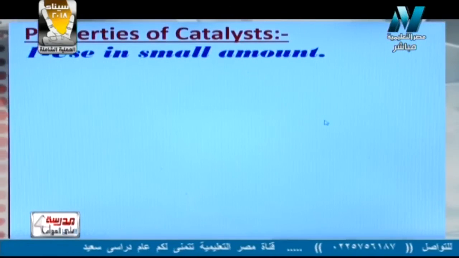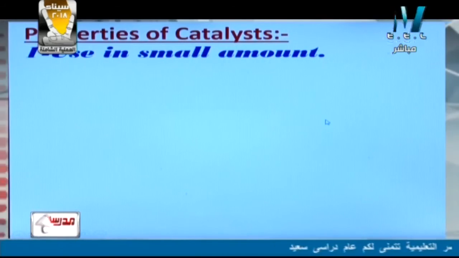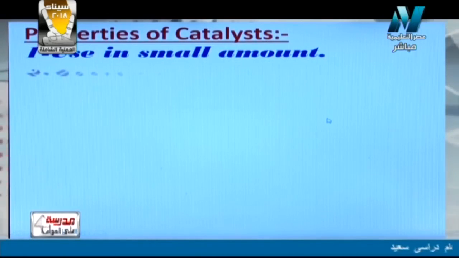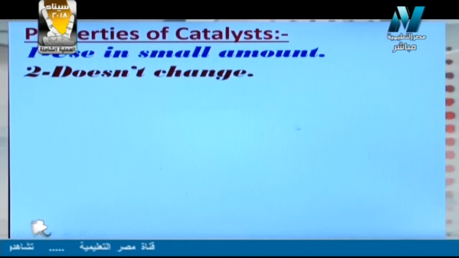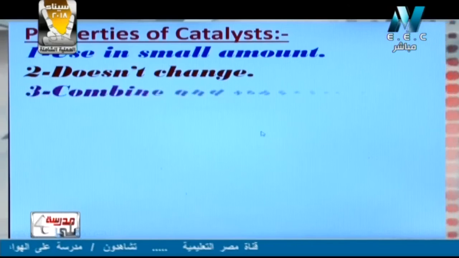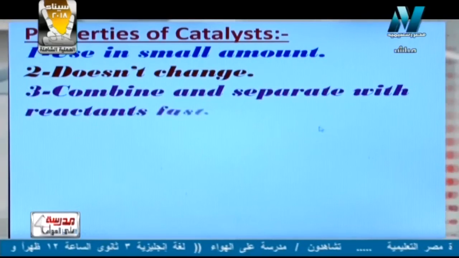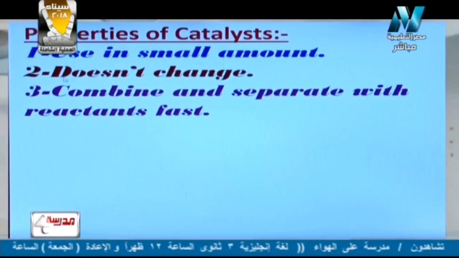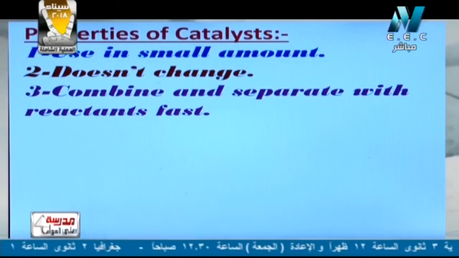Number one, properties of catalysts. Number one, used in a small amount. We use it in small quantities, which saves us. Number two, doesn't change. Why doesn't it change? Give reason: because it combines and separates with reactants fast. It binds with them and leaves quickly, so it doesn't change.